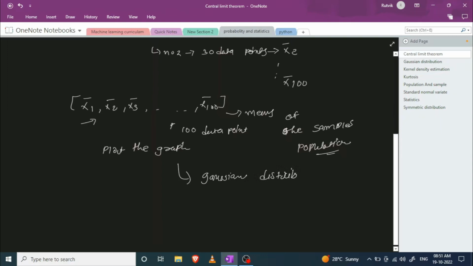So this is about the central limit theorem.